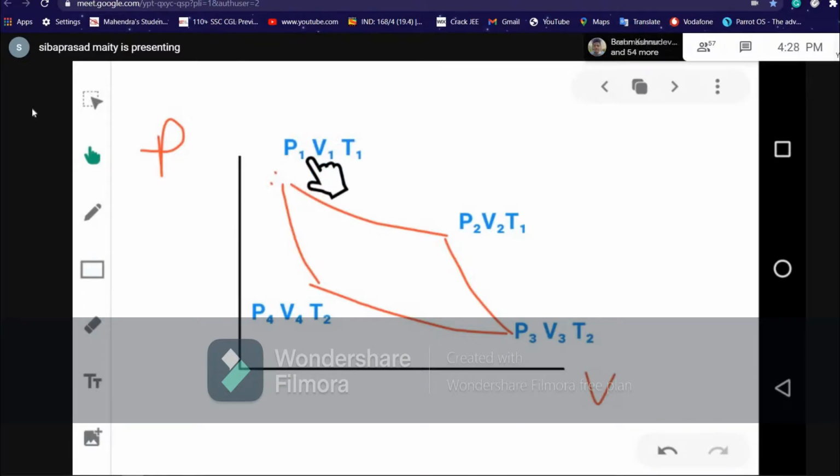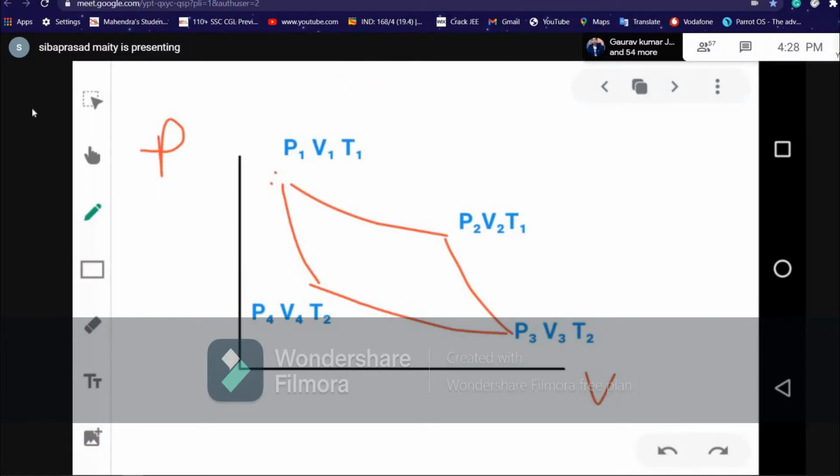Slowly means to make the process reversible, and when it expands, it has to do work, and its energy should decrease. To avoid it, let us place it near the source.